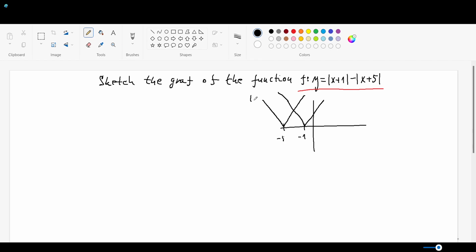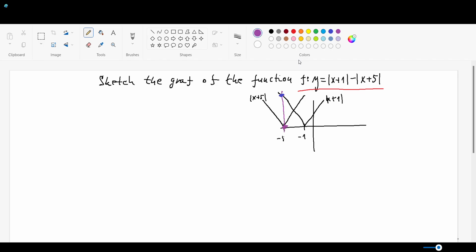This is x plus 5 and this function is x plus 1, and to sketch the graph you must now take all the values. For example, here is the value of the first function, and here is the value of the second function. If you subtract these values, you get the final point here.